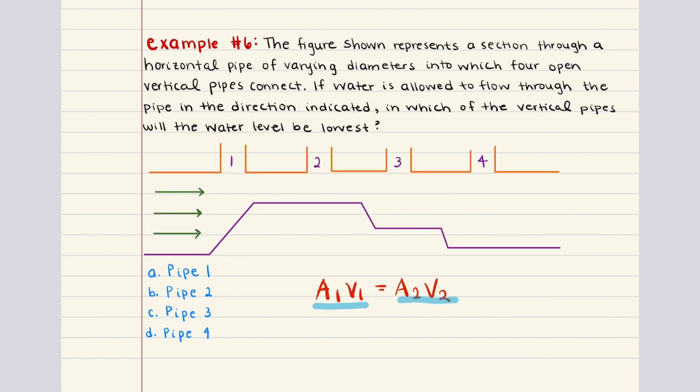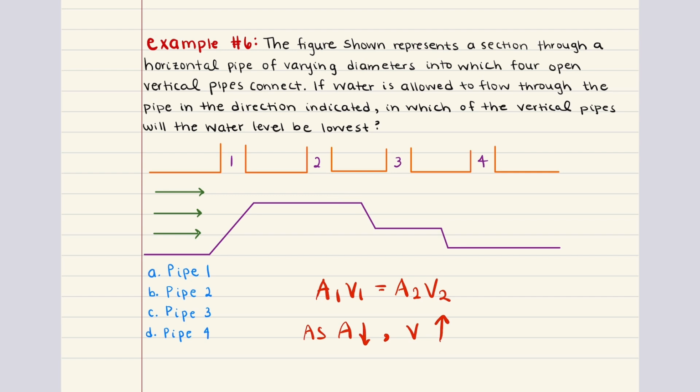So according to the continuity equation, the velocity of the water increases where the pipe is narrowest, as that smaller area requires a higher velocity to maintain the same flow rate.